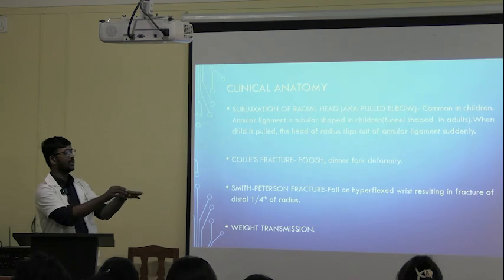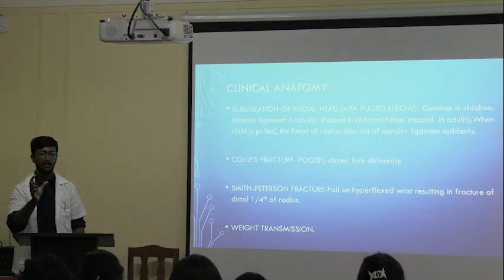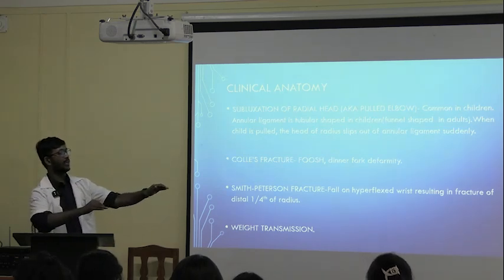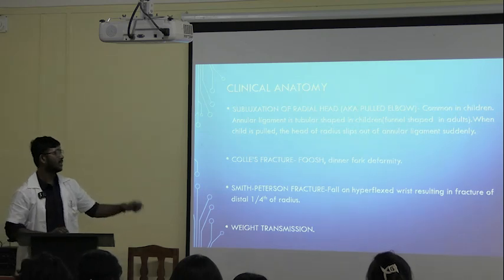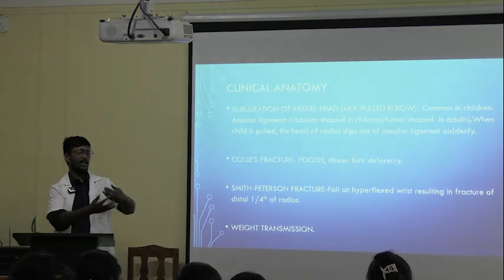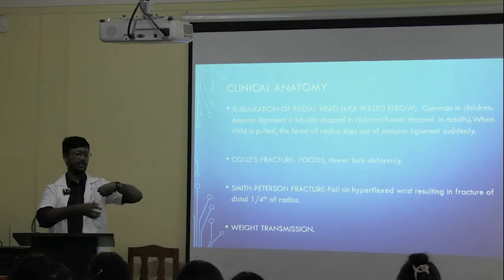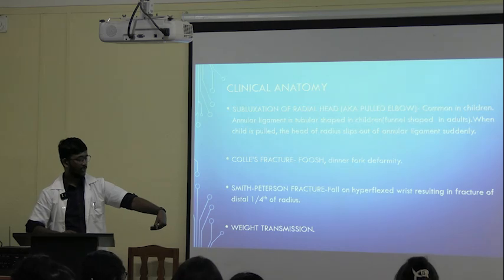So it will result in something like this. You have seen a fork, na, a dinner fork. So exactly like this the hand will become. This will seem like a dinner fork. An opposite thing occurs in Smith's fracture. It occurs when the wrist is in a hyperflexed position, this is flexion and this is hyperflexion. When someone falls like this, this is the hyperflexed position.